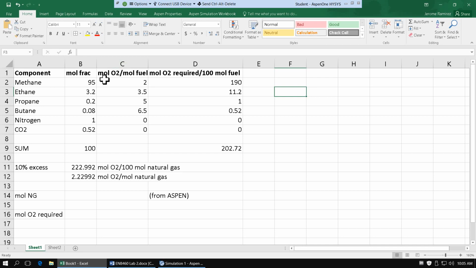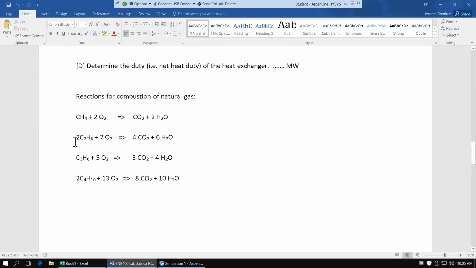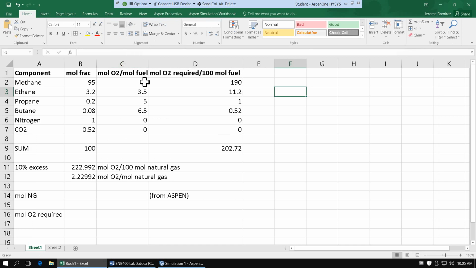And then I've also put mole oxygen required per mole of fuel, which was derived from the chemical reactions here. So it's just that ratio of 2 divided by 1, 7 divided by 2, 5 divided by 1, and 13 divided by 2. So it's simple stoichiometry there.